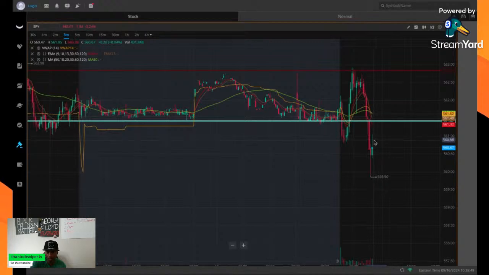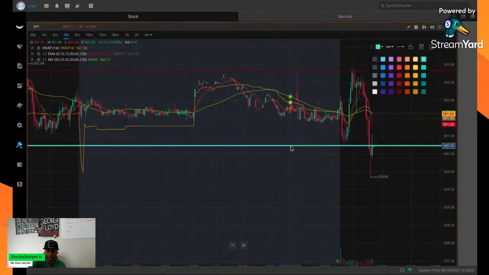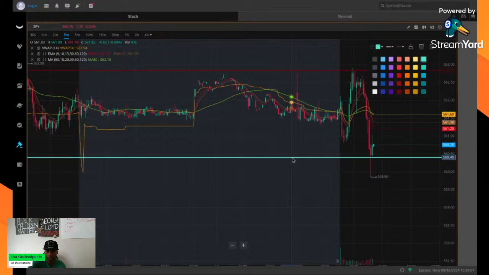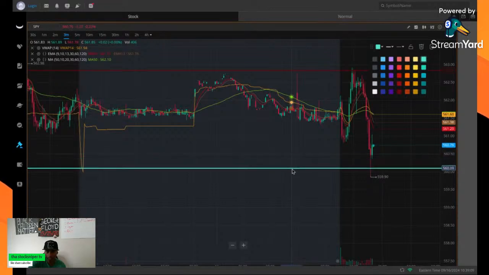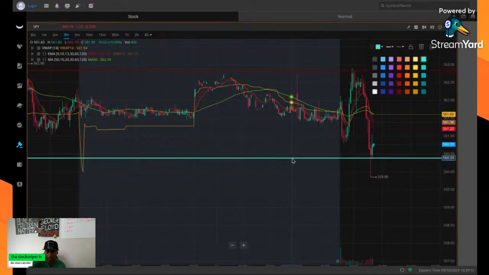If it don't go up above this support line, I'm gonna reset. So matter of fact, I'm gonna move it right now. I'm gonna move this line down here. Now that's new support.